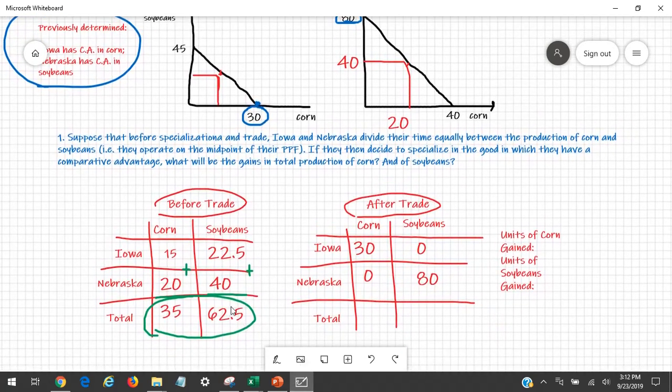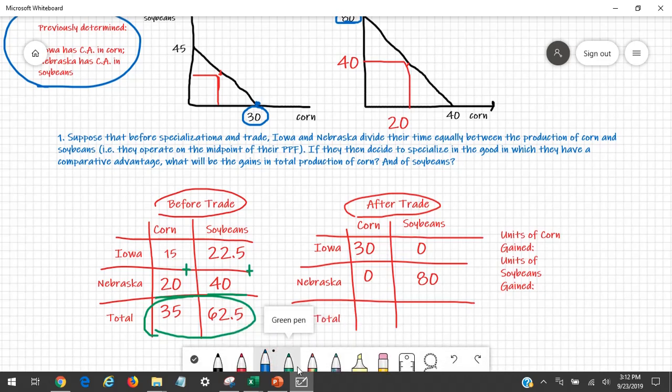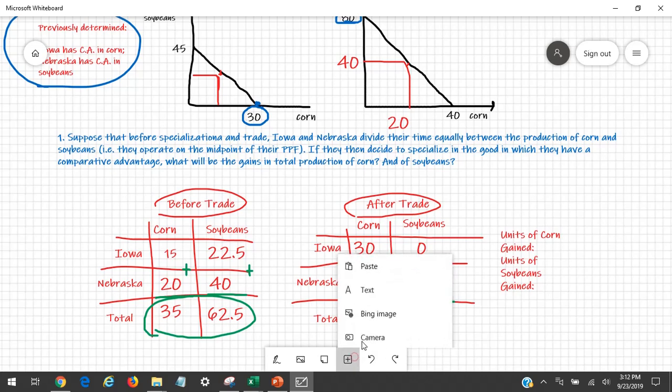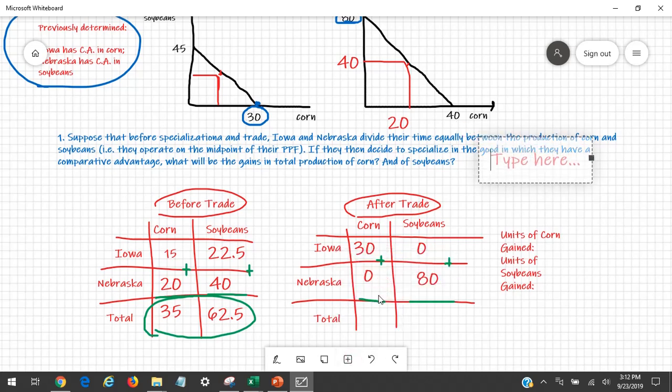Okay, now I'm going to do the same thing I did before. I'm going to add Iowa and Nebraska's totals, only now it's easy because there's a 0 in each row. So 30 plus 0, and then 0 plus 80. And that's going to give me 30 bushels of corn.